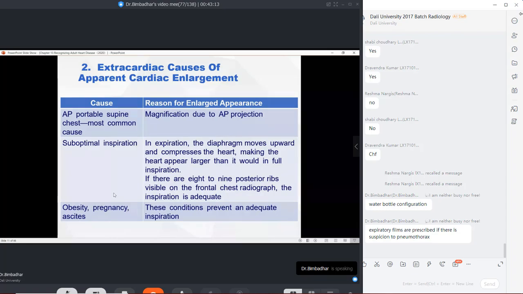Ascites means accumulation of fluid in the peritoneal areas. All these conditions will prevent adequate inspiration, because the diaphragm will be pushed up. So with pregnancy, you are actually talking about second trimester pregnancies, not the first trimester.